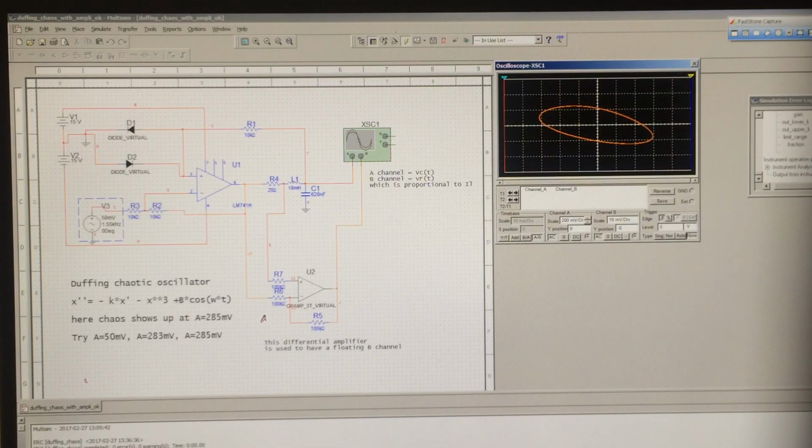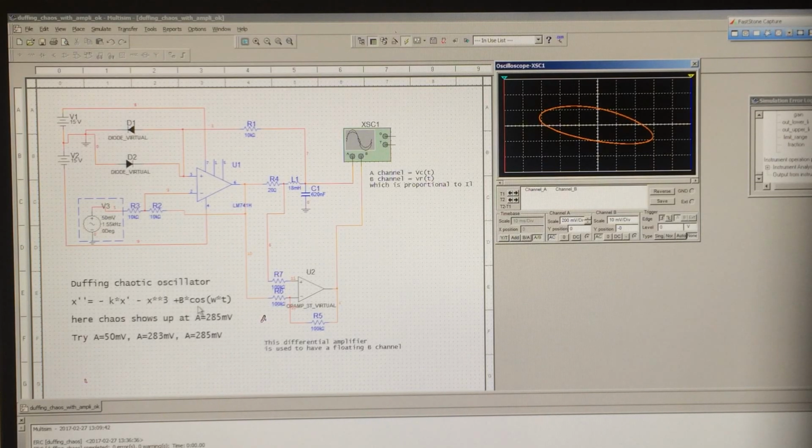To simulate this behavior, we will draw the circuit in Multisim, also called Electronic Workbench. Here is this circuit, and the Duffing-Holmes differential equation can be shown as the second derivative of parameter x equal to minus k times the first derivative, minus x to the power of 3, and now comes the excitation by a sine or a cosine signal.